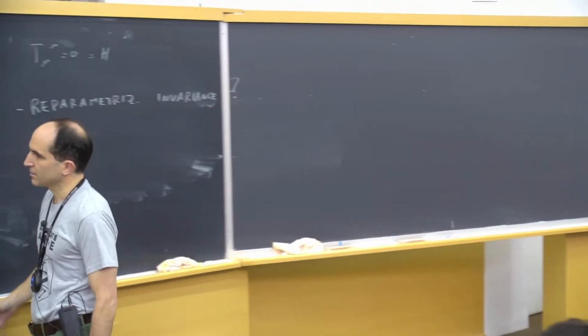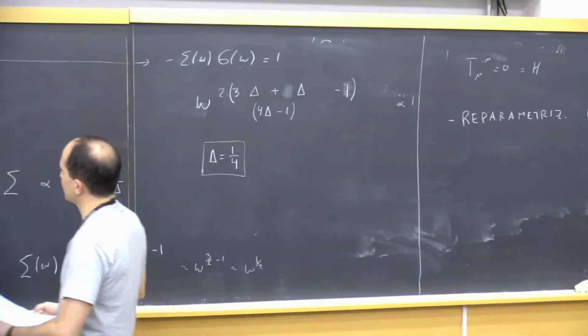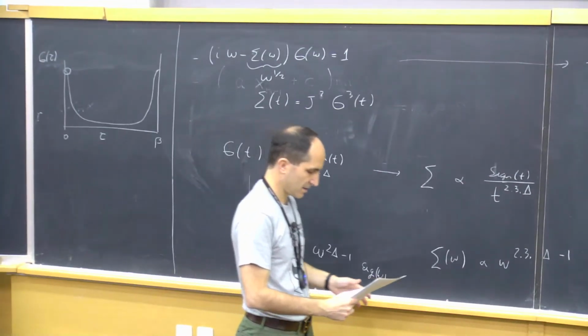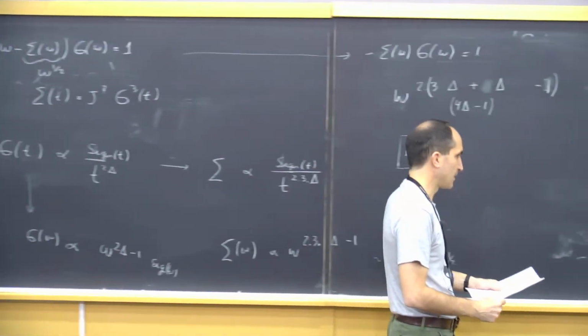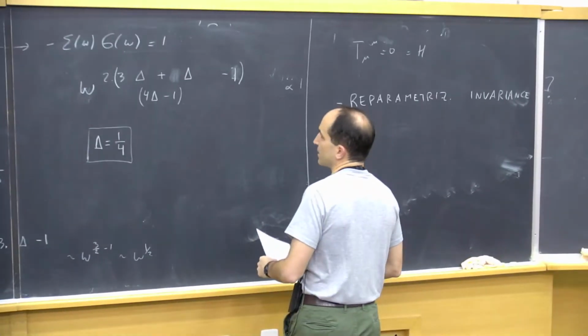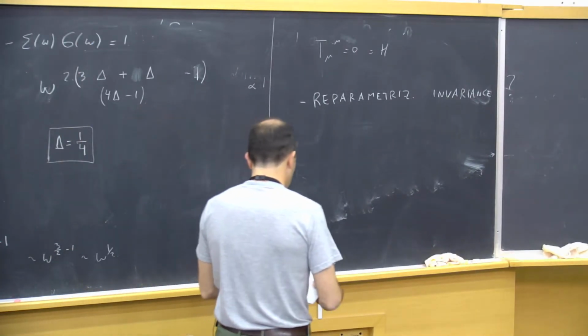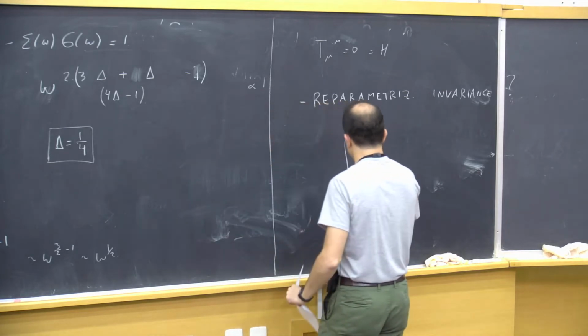In order to explore whether we do have it or not, it's convenient to rewrite these equations a little bit. In particular, we're going to rewrite the low energy approximation to the equations in position space, or more precisely in time space.